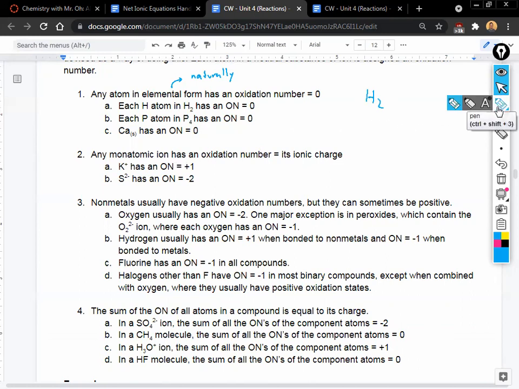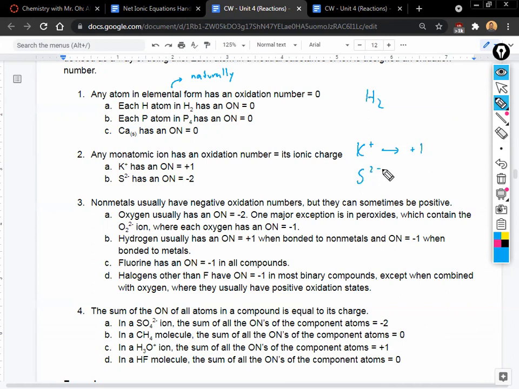The second rule is that any monatomic ion has an oxidation number equal to its ionic charge. That means if I have an ion that's just one atom, not a polyatomic, things like K+, K has an oxidation number of +1.